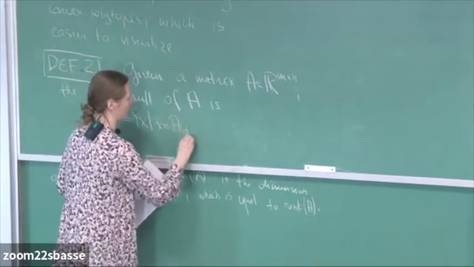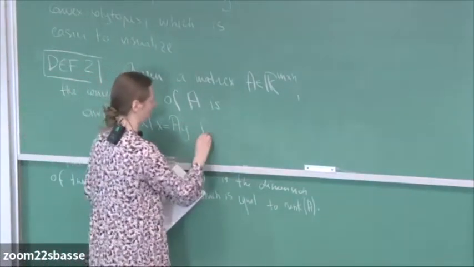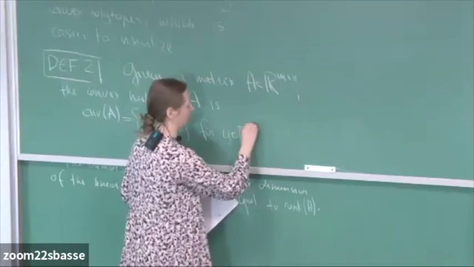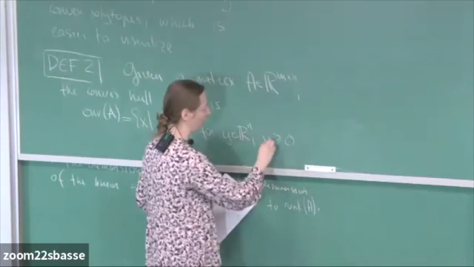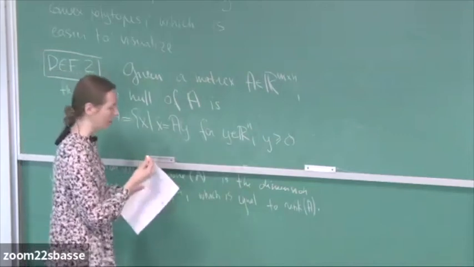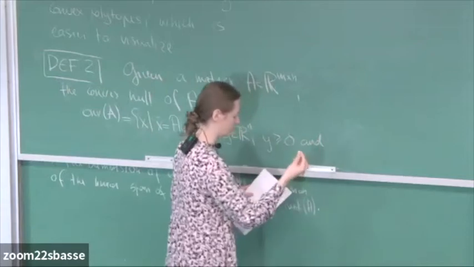So now I'm writing down almost the same thing as I wrote for cones, but there is one addition. As before, we require that y is non-negative, which would give us a cone. But furthermore, we require that the sum of coordinates of y is 1.